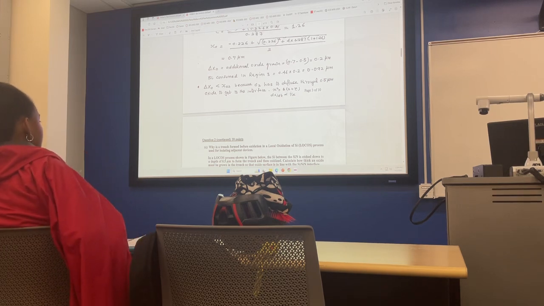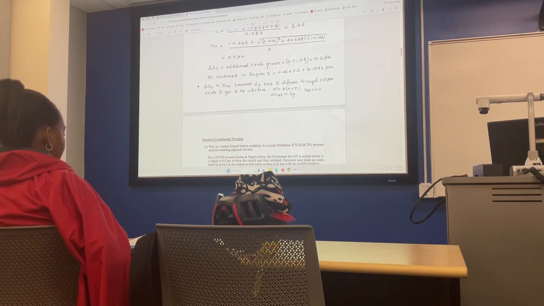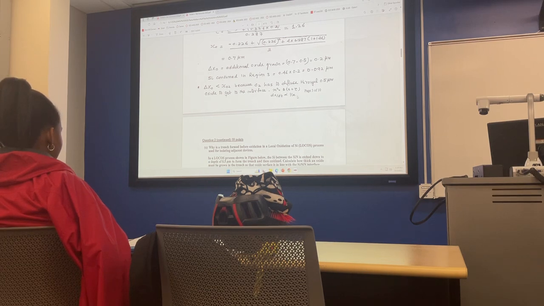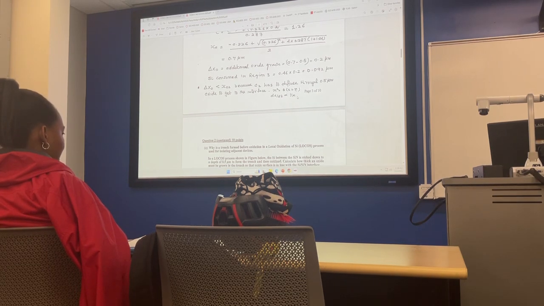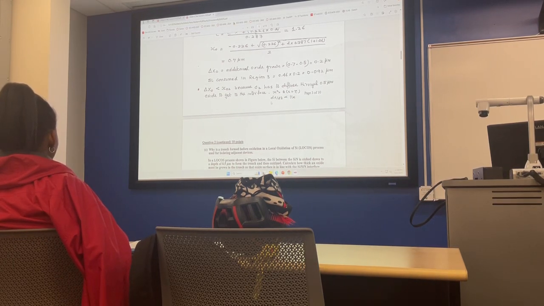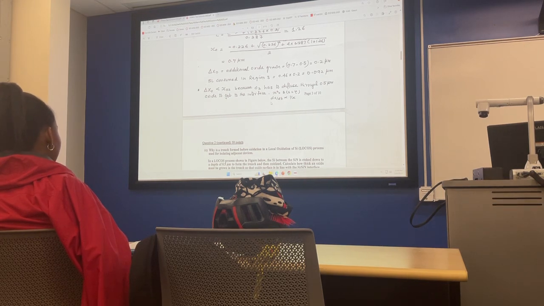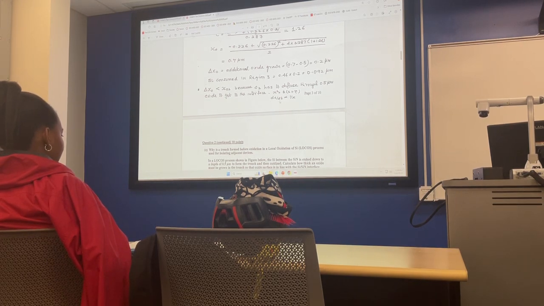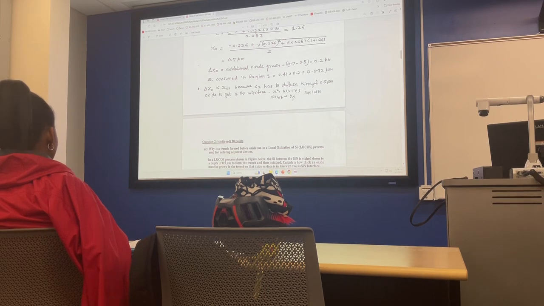So if you do dx over dt, it becomes a function of x. So if the oxide gets thicker and thicker, the diffusivity, or availability, becomes a problem, because it's taking longer for the oxidant to go through. So the oxidation rate begins to slow down.